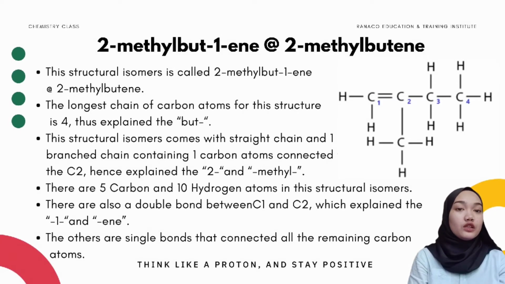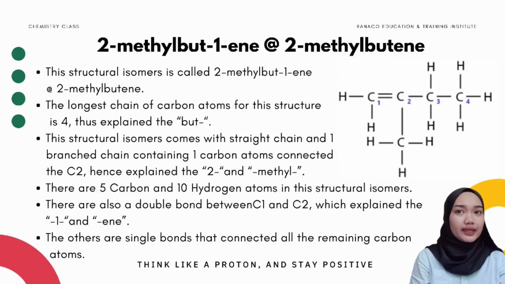Now, let me tell you about the third isomer that we call 2-methyl-but-1-ene, or 2-methylbutene. The longest chain of carbon atoms for the structure is 4, thus explaining the but. This structural isomer has a straight chain and one branch chain containing 1 carbon atom connected to the C2.